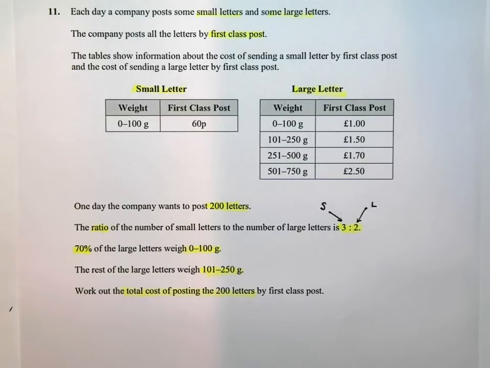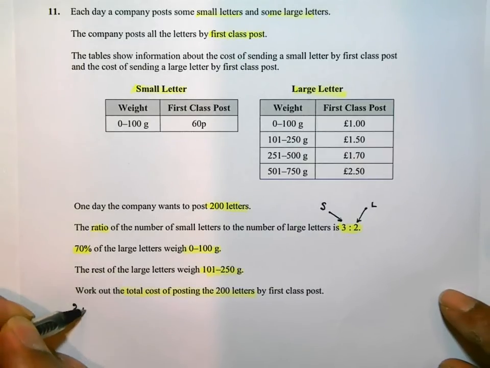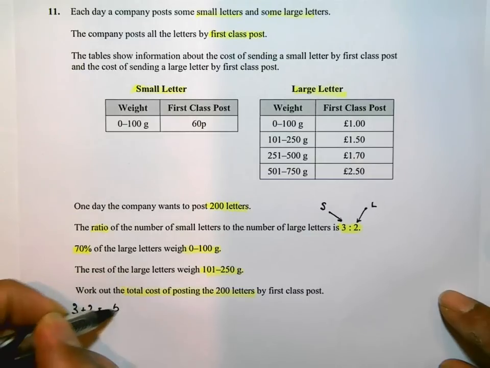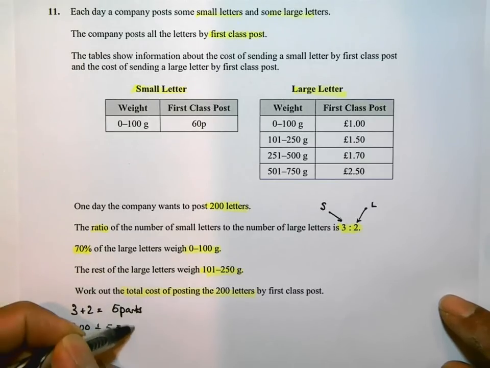So I'm going to use that ratio to help me work out the number of small letters and the number of large letters. Because the ratio is 3:2, that means I'm dealing with 5 parts altogether. If I divide 200 into 5 parts, that tells me that each part is worth 40.